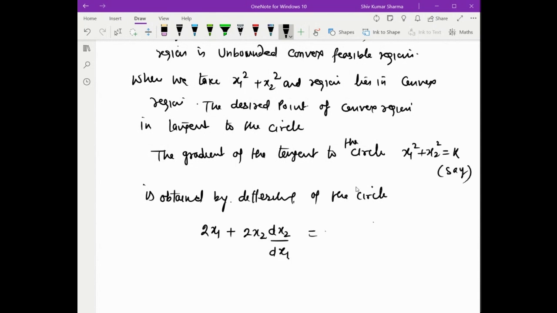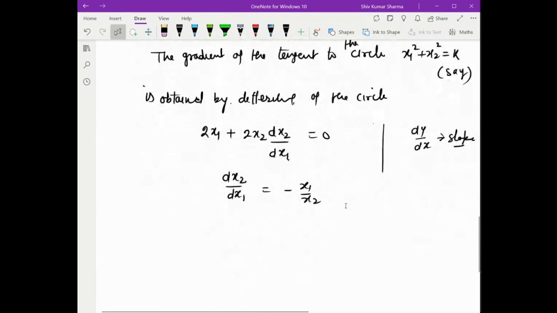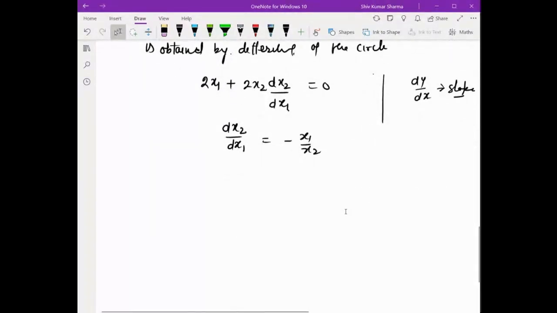So we find out the tangent line, that means dy upon dx, slope or tangent. So here y represents x2 and x represents x1. So this gives us dx2 upon dx1 is equal to minus x1 upon x2.